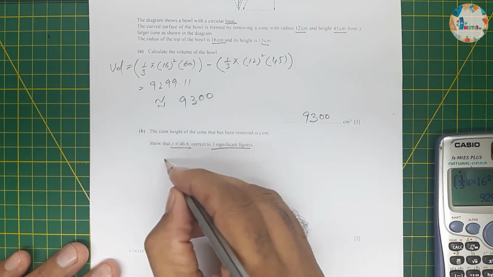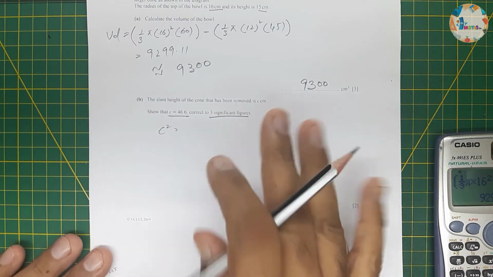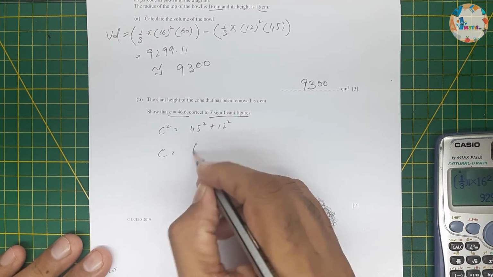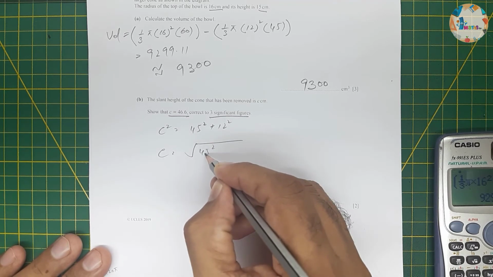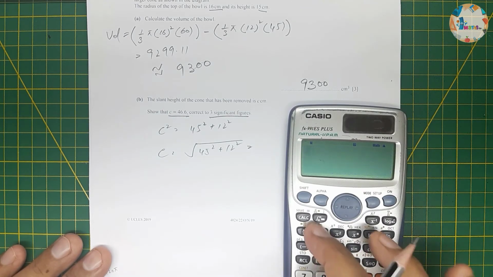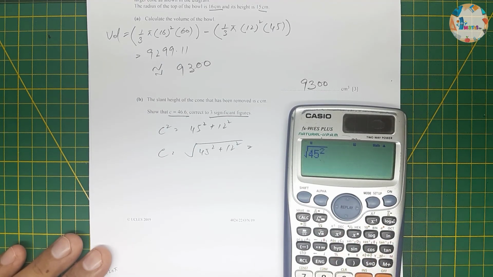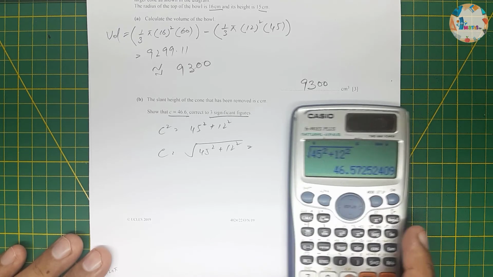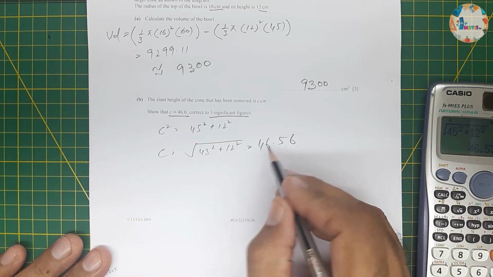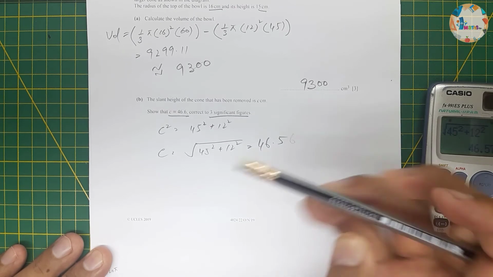So by Pythagoras theorem, C square is equal to 45 square plus 12 squared. So C will be equal to the root of 45 squared plus 12 squared, and this will be equal to 46.57.